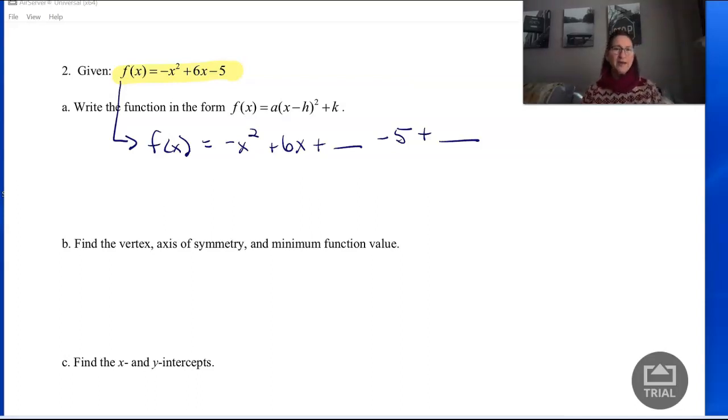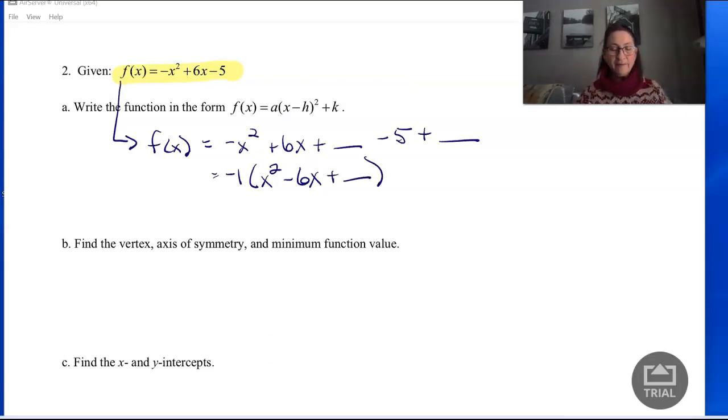I'm going to factor that leading coefficient of negative 1 out of the first and the second terms. So that's going to be my negative 1, and I'm left with a positive x squared minus 6x, and then I'm going to have that plus a blank. Okay, then I end my parentheses.